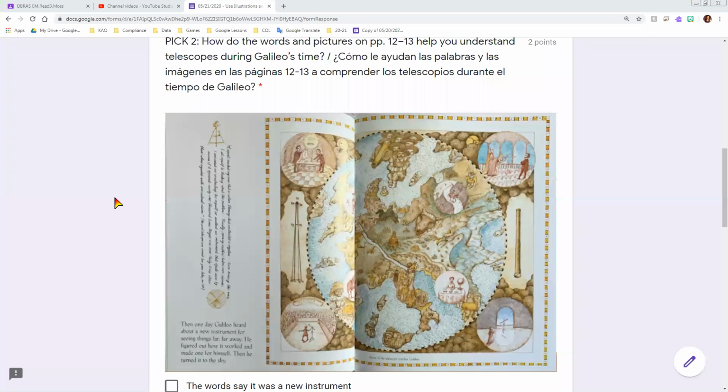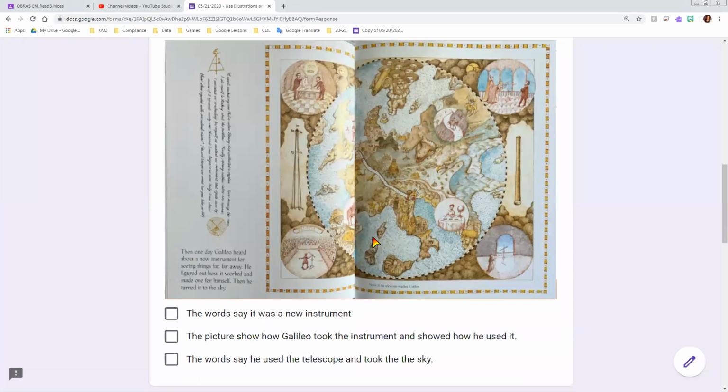So now I'm going to read the question again. So how does it help you understand the telescope during Galileo's time? It says it was a new instrument, so that makes me think it was brand new, and that's when it started. The words say it was a new instrument, maybe.